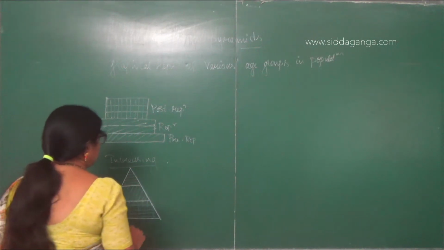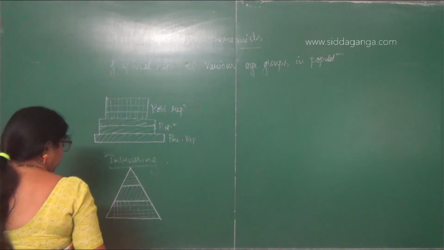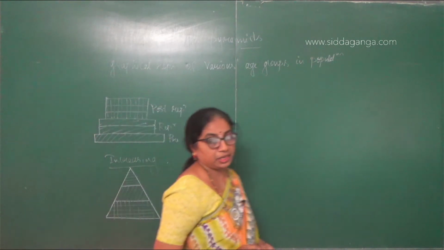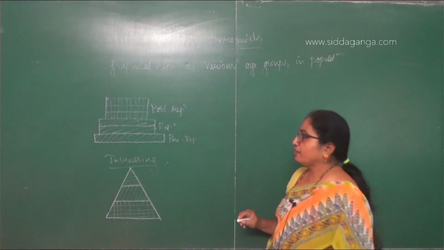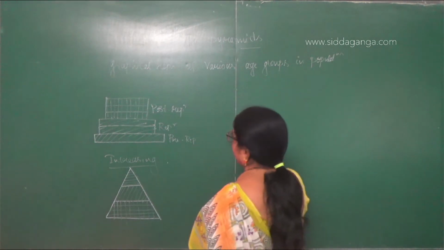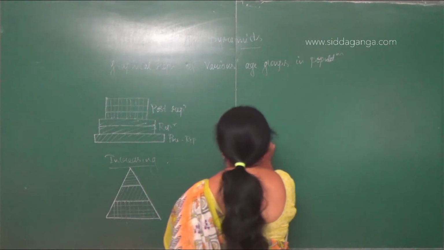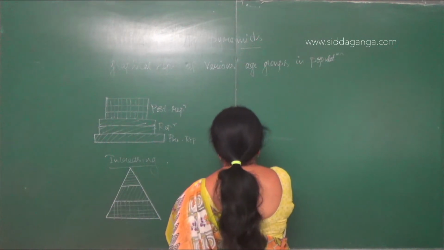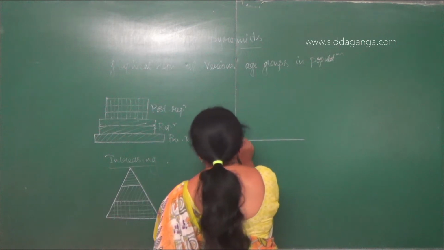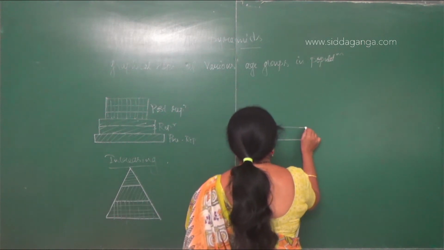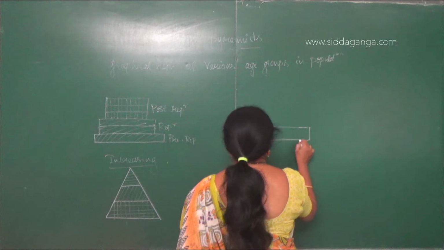So the increasing type of population is represented by a triangular pyramid. And we have another type of age pyramid, which is for stable population, where the pre-reproductive population is at the base.